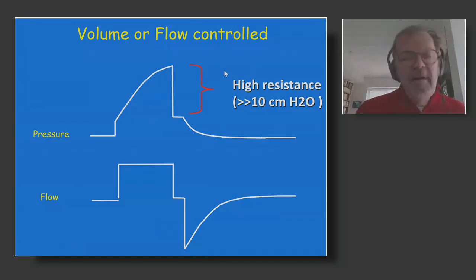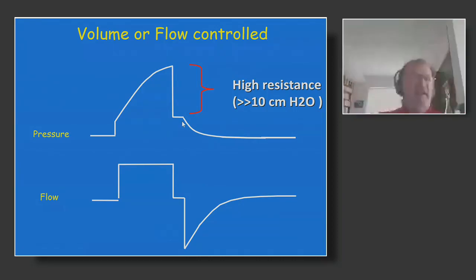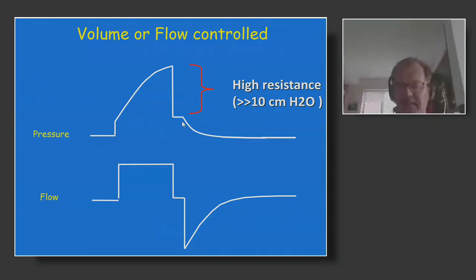But this high resistive pressure is not going to harm the lung because it will be dissipated against the airway. Therefore, the pressure in the lung is the plateau pressure. So yes, it is a difficult ventilation with very high pressure, but in this case, the pressure by itself is not risky for the lung.